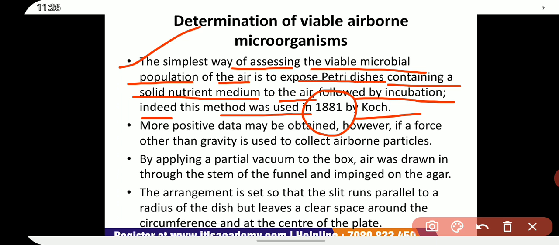Although this method depends on the organisms or organism bearing particles actually falling on the plate by gravity, it is a method which is still used to assess the general cleanliness of air in pharmaceutical factories where aseptic operations are taking place, in food processing areas, or in hospital wards.